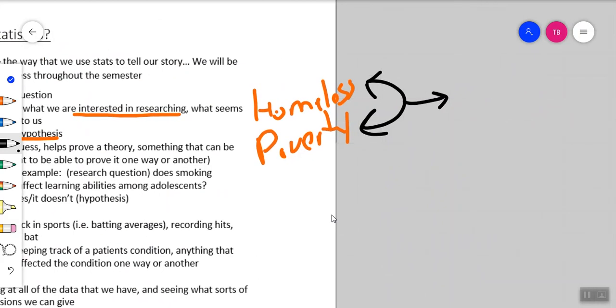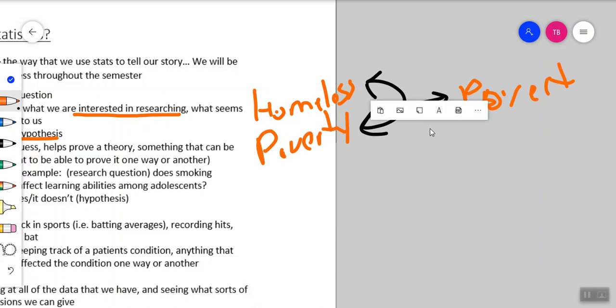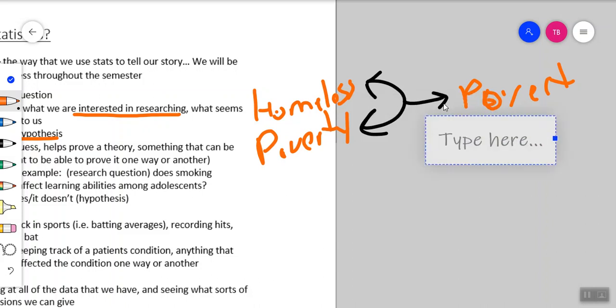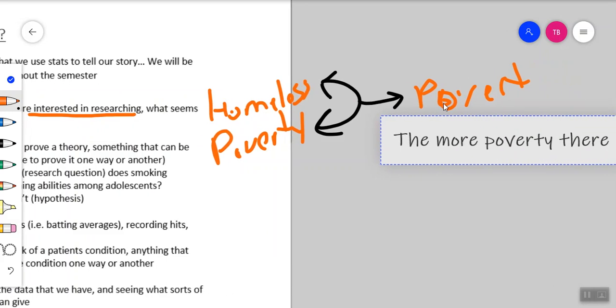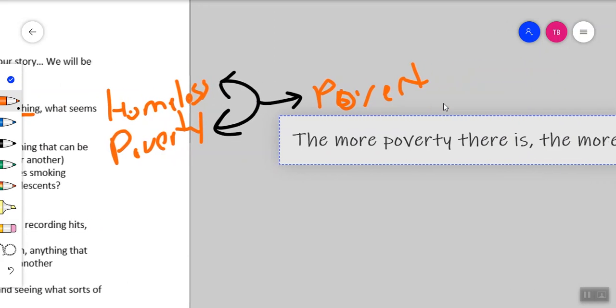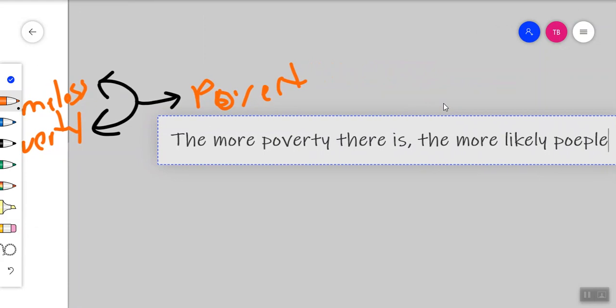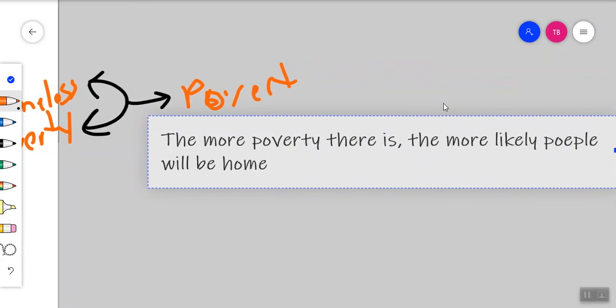So my hypothesis might be: the more poverty there is, the more likely people will be homeless. Your hypothesis is basically an idea of why you think the story is, and you're going to go and investigate that.